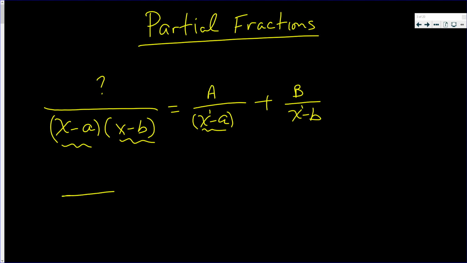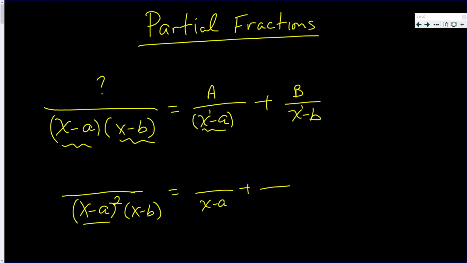Now, if instead you had, say, x minus a squared times x minus b, this time you have to build up. You get x minus a to the first. Let's even suppose that was third. Then you're going to have x minus a to the second, and then x minus a to the third.